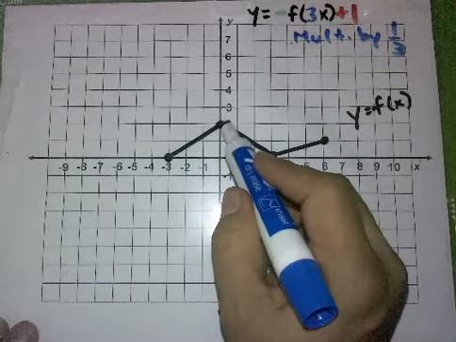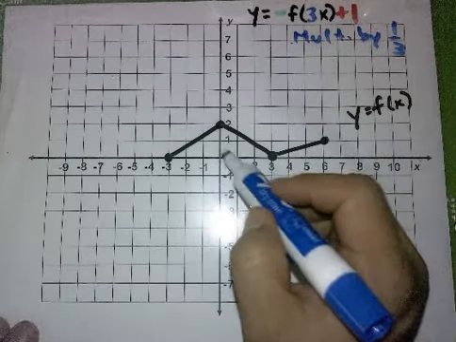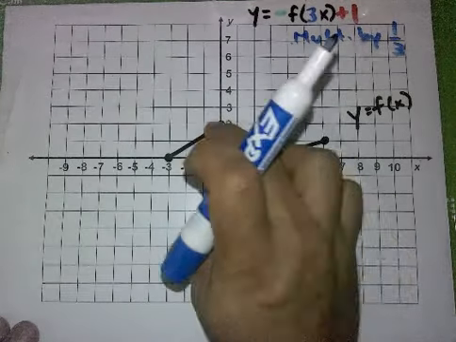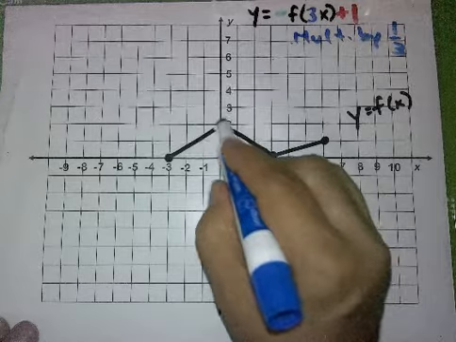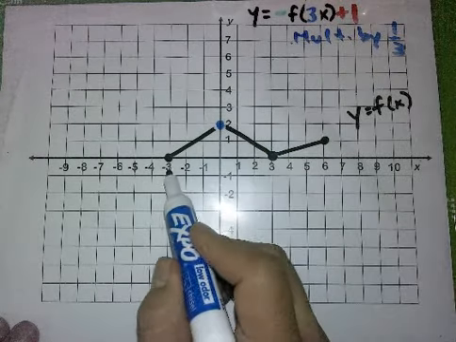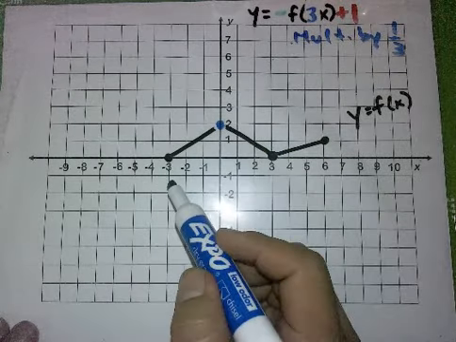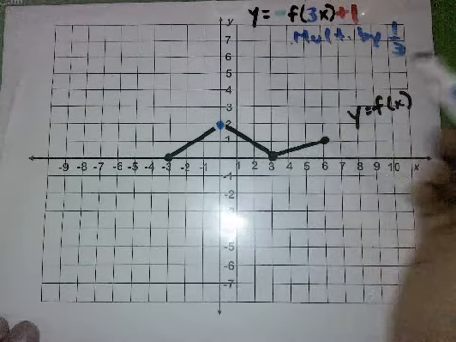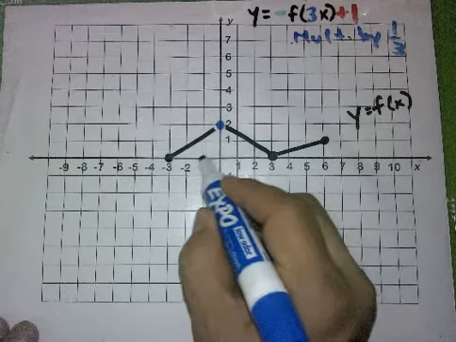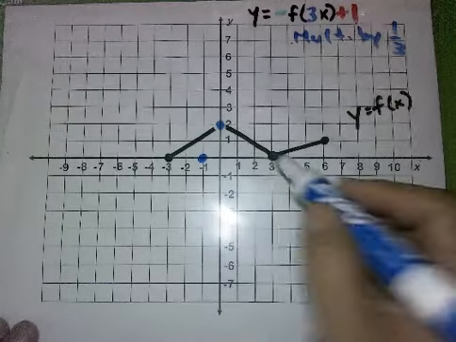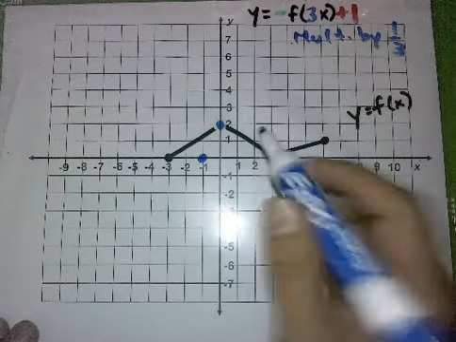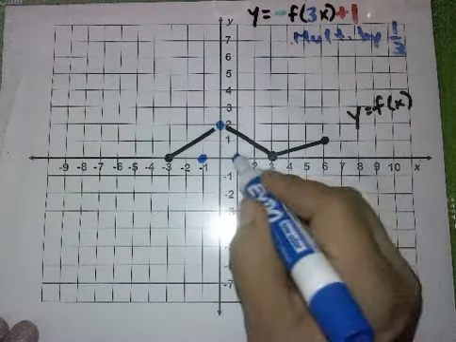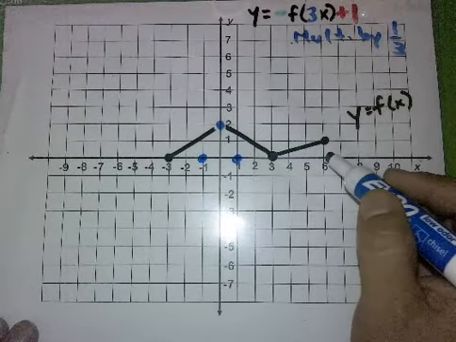So here is 0. If we multiply the x value 0 by 1/3 we get 0, so we're just going to keep this point here. -3, we're going to multiply -3 by 1/3, and that's going to give us -1. So we're right here. 3 times 1/3 is 1, and 6 times 1/3 is 3.